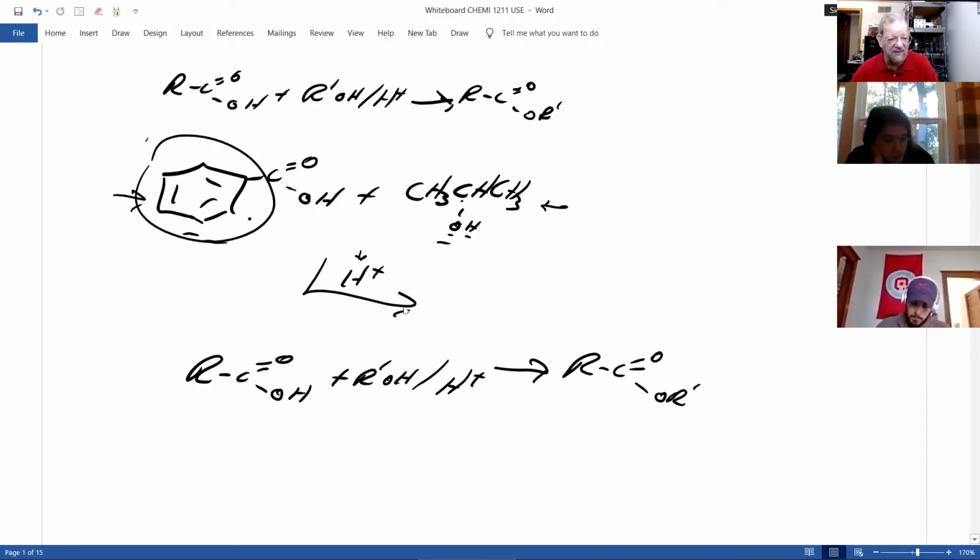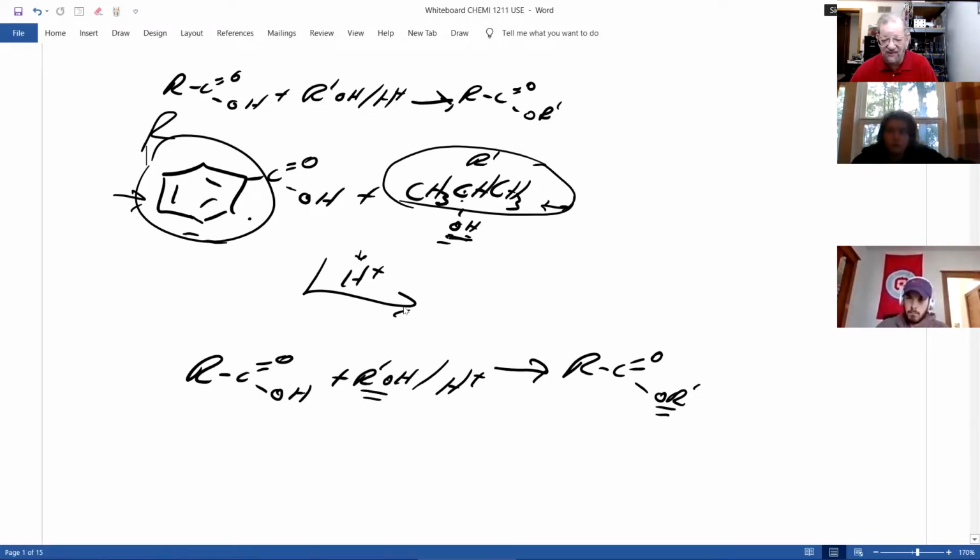This is my R group. I have here my R prime, and notice the carbon in the middle has the hydroxyl group, and the carbon with the hydroxyl group is the carbon the oxygen OR prime will be bonded to.